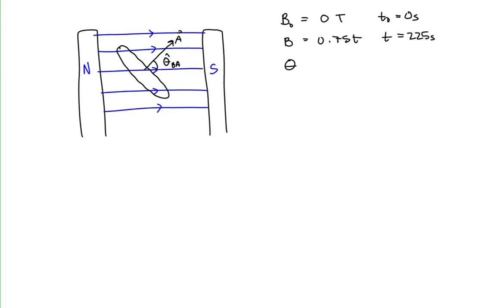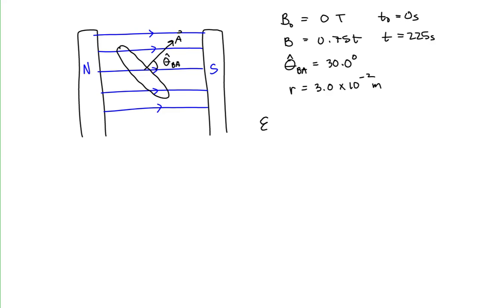So let's indicate that angle as theta, and theta, the angle between the magnetic field and the plane of the loop, is given as 30.0 degrees. We're told that the loop has a radius of 3.0 centimeters. We need to find the magnitude of the induced EMF in this coil.